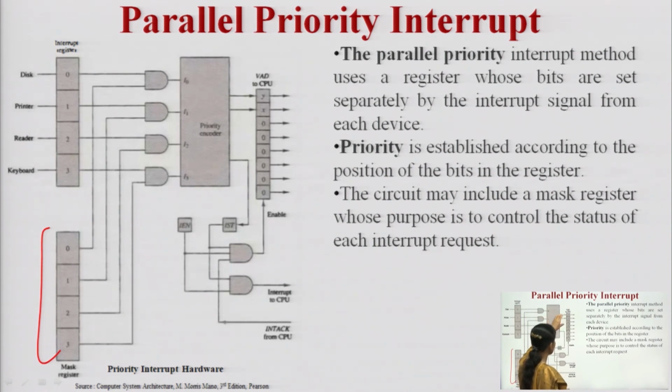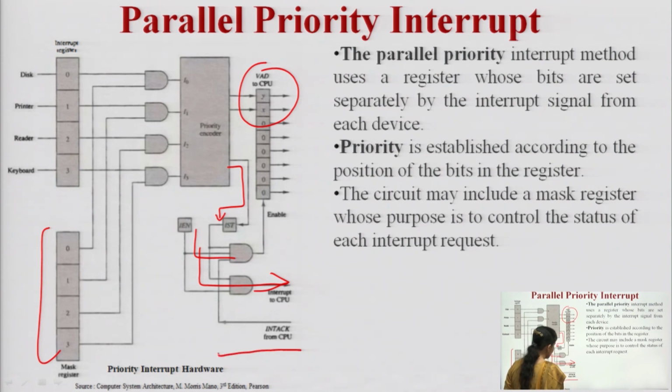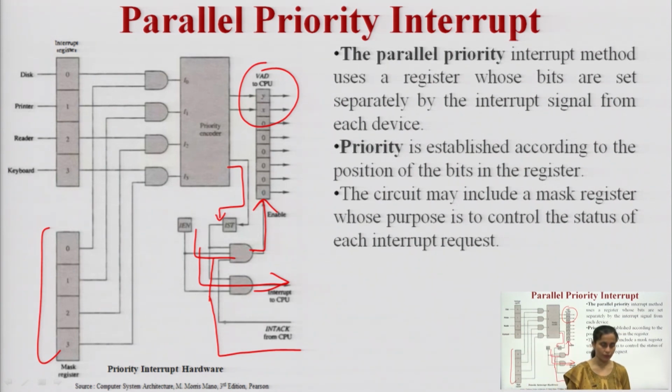The output of the priority encoder is the vector address that is given to the CPU, and the output is given to IST, and then IST ANDed with IEN sends the interrupt to the CPU. The acknowledgement to the CPU is the AND of IEN and IST, and it enables the vector address being sent to the CPU. That is the parallel priority interrupt method.